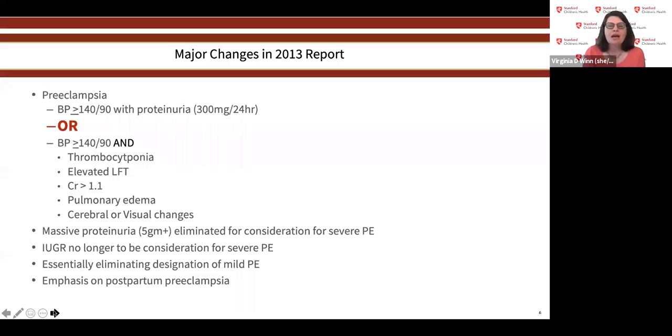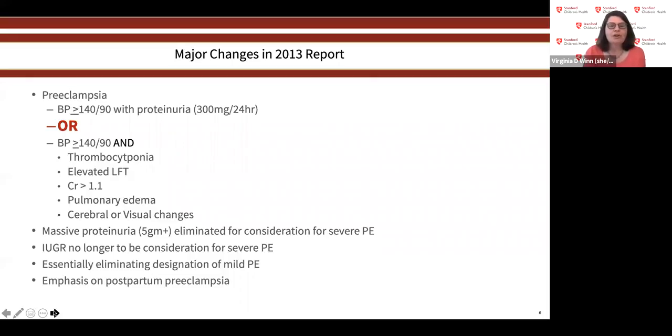As of 2013, preeclampsia can be diagnosed with hypertension without proteinuria as long as there's some other evidence of end organ damage. That includes thrombocytopenia, elevated LFTs, elevated creatinine, or symptomatology related to the disease process.